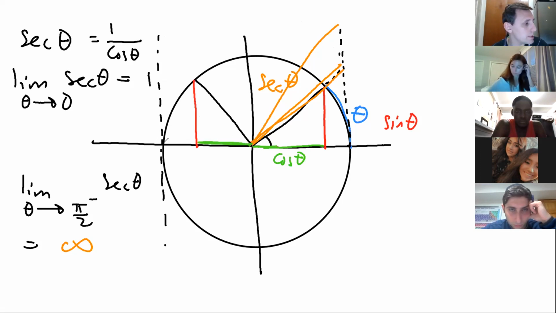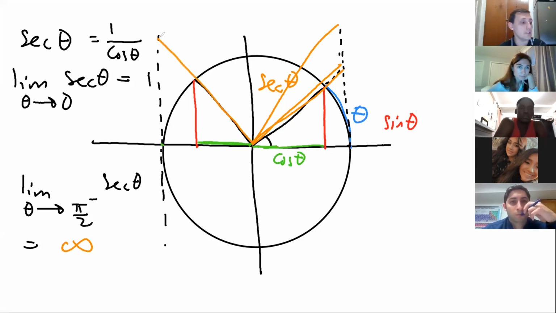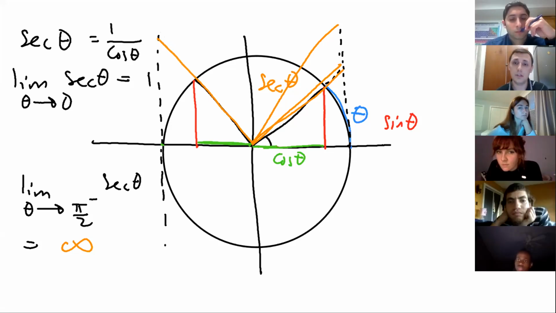What I do is extend the adjacent to this point. So the length is still going to be infinity, but because it's over the negative axis, you report it as minus infinity. Good?